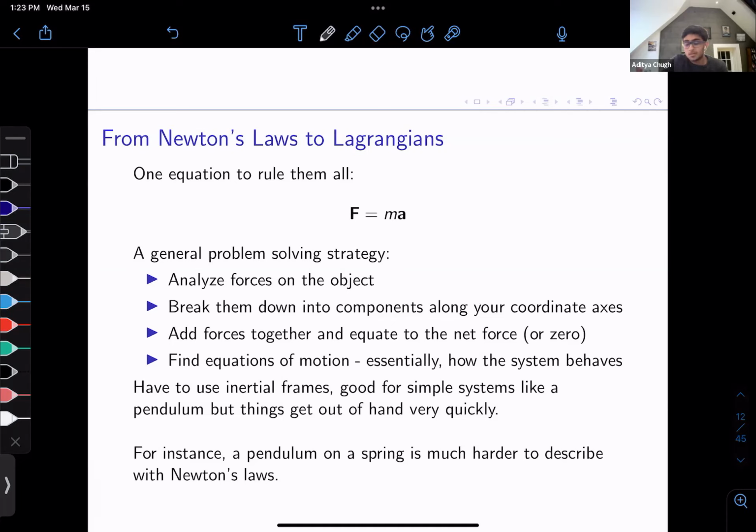Say, for example, there's just an incline and there's a block, and there's gravity acting downwards. And then you want to see how this would behave. We know that the block would slide down, but we analyze the forces.